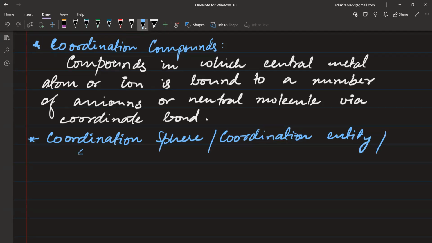It is also known as complex ion. Okay. Please write the definition.